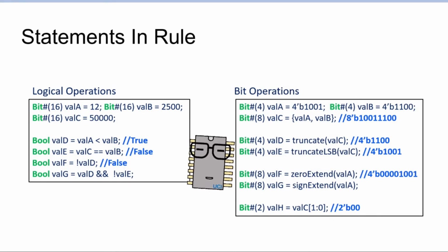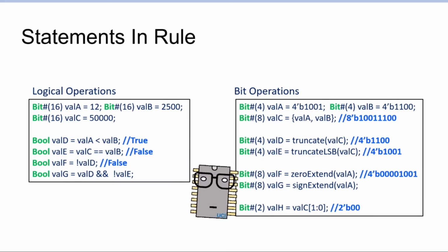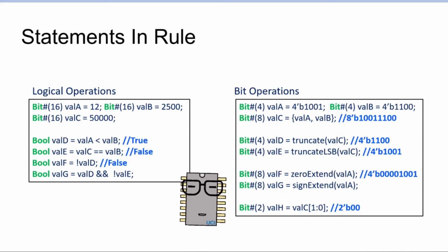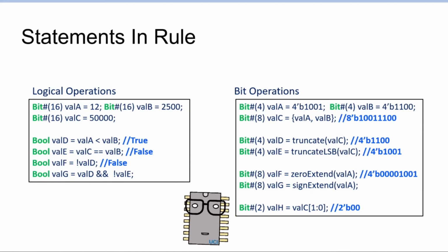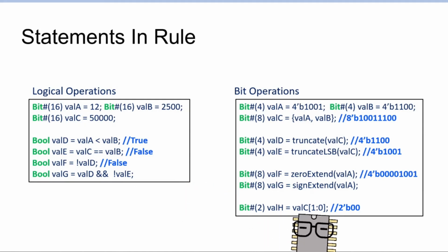We can truncate the lowest bits of the 8-bit value to a 4-bit value. We can extend it by padding it with 0 from a 4-bit value to an 8-bit value. If you have a signed type, you can also do sign extend, but this is not important for us right now. And you can also use the regular substring notation to get, say, 2 bits from the 4-bit value.